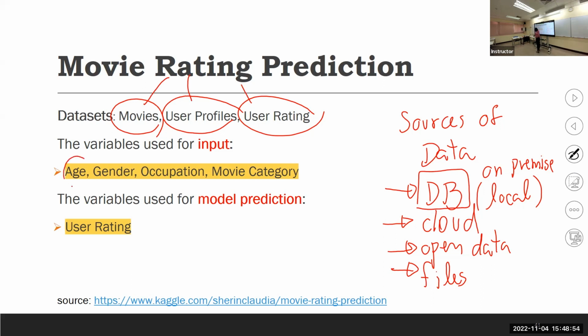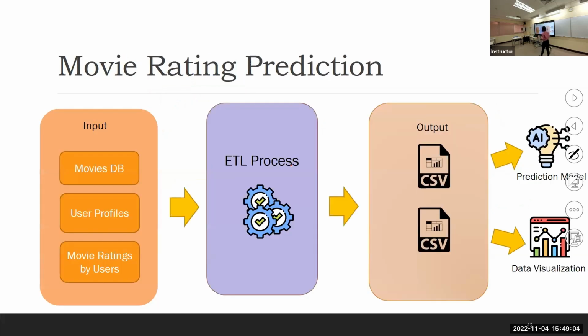We have gender, occupation, and movie category for user input, and we want to predict the user rating. The lab you'll be working with assumes we have these 3 types of data sources: movie database, user profiles, and the ratings.